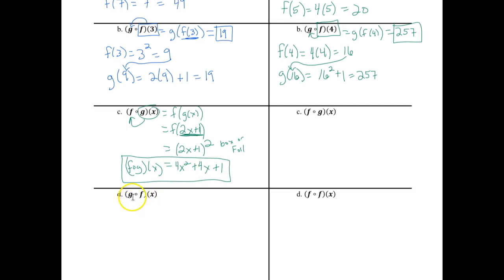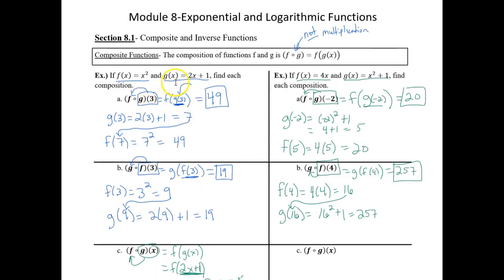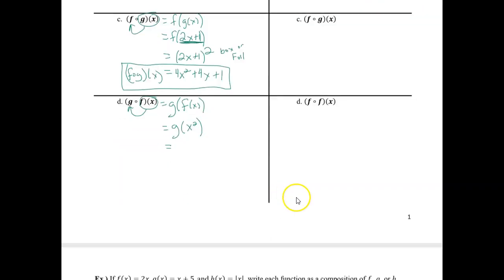And here, now we have g of f of x. So now we're putting f of x into g. So g of f of x, and f of x equaled x squared. So now we're going to replace x squared into our function g, and g was 2x plus 1.